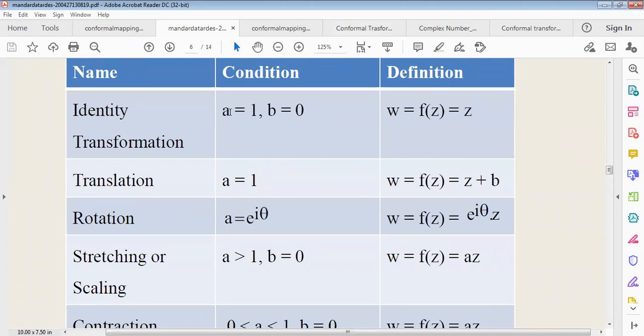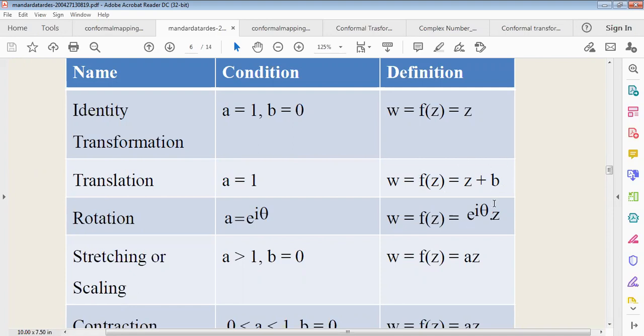For identity, the condition is a equals 1 and b equals 0, and the definition is W equals f of z equals z. Z is the complex number, and f of z is a complex function. And this is the W plane, remember it, we saw it in our previous class. For translation, a equals 1, and w equals f of z equals z plus b in the W plane. This is the definition of translation.